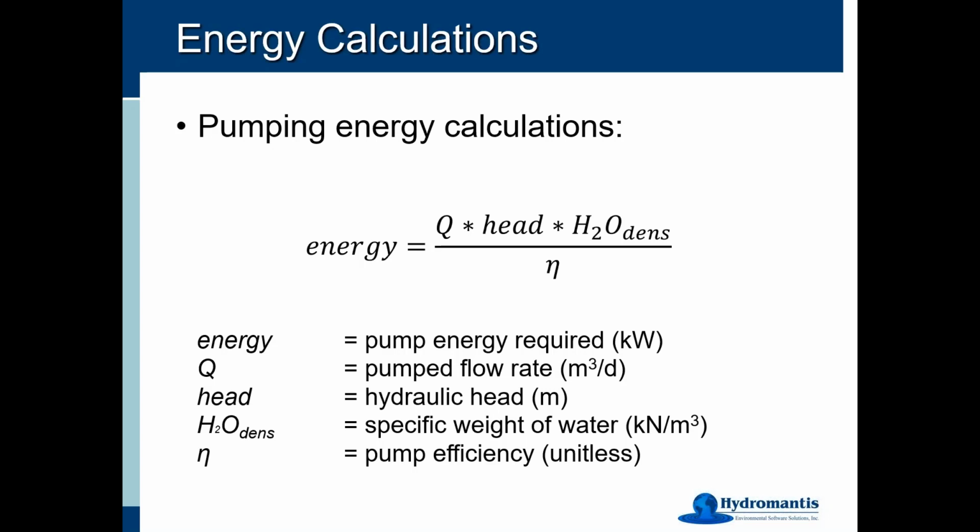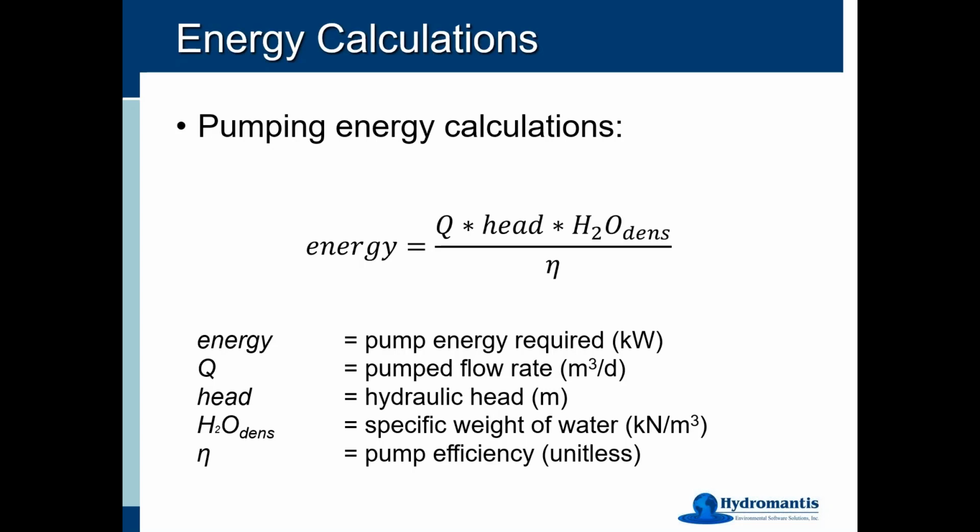In the case of wanting to calculate the instantaneous energy requirement for a pump running at a particular flow rate, we use this equation here. It's a very simple, very straightforward one that makes some assumptions about linearity of efficiency and a few things. We have more complex ways of doing this that I'll touch on at the very end of the webinar.